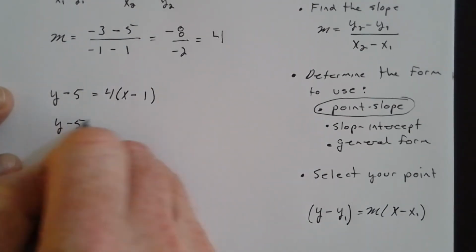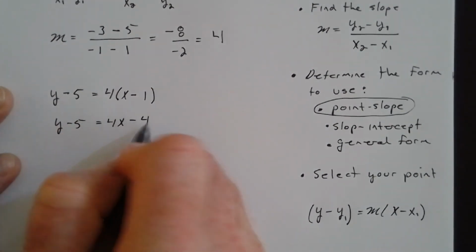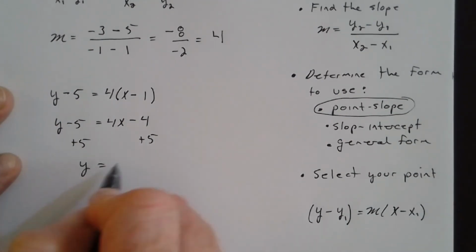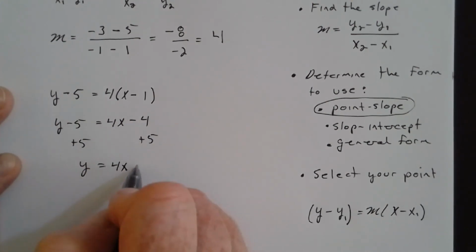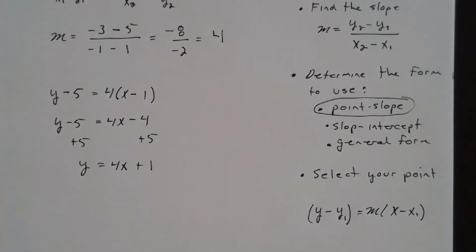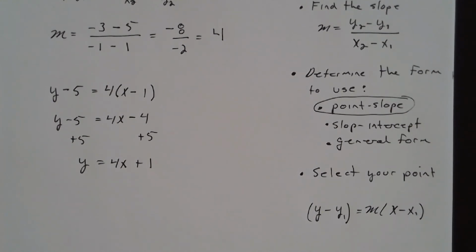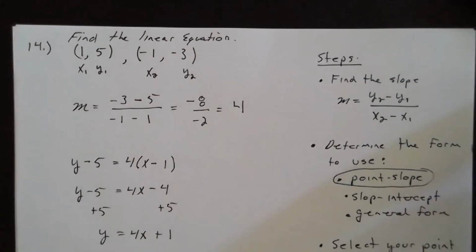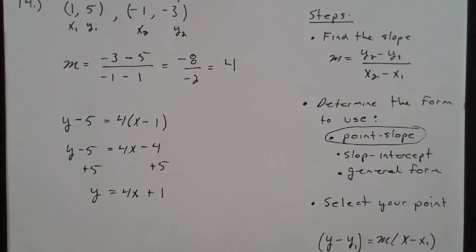So y minus 5 is equal to 4x minus 4, plus 5 on both sides. y is equal to 4x plus 1. And that's the final result. So again, we were just trying to find the linear equation, and we have it here.